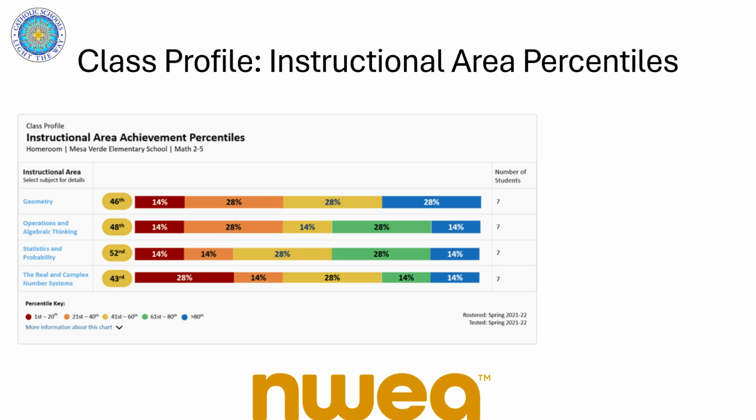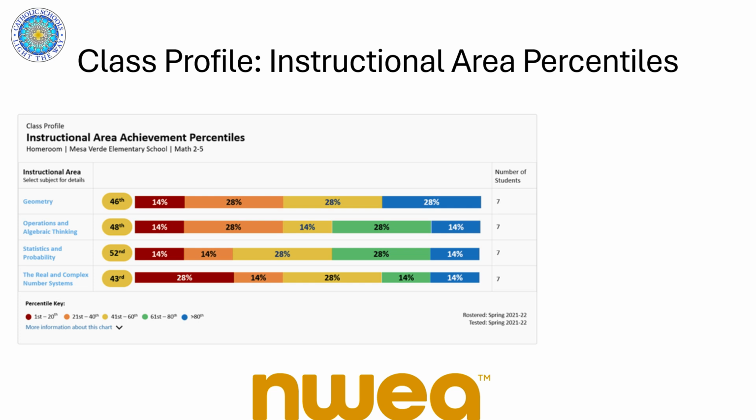You will see that all instructional areas, the combined 7 students in this class, are at the achievement percentile of the 41st through the 60th, which indicates the yellow color. So for geometry, they have an achievement percentile of the 46th, operations and algebraic thinking the 48th, statistics and probability the 52nd, and the real and complex number systems the 53rd.